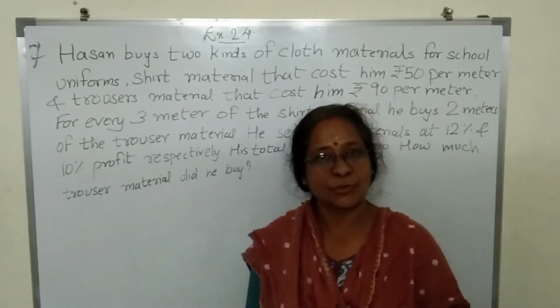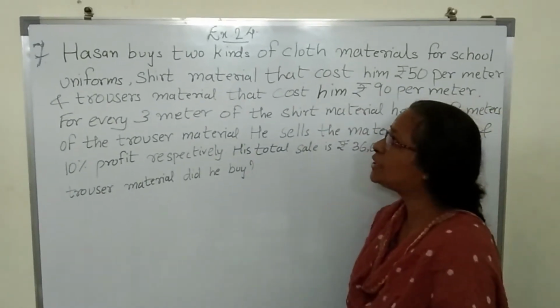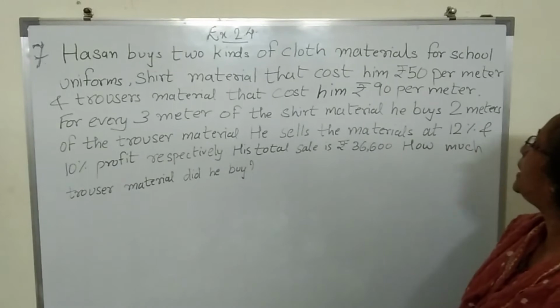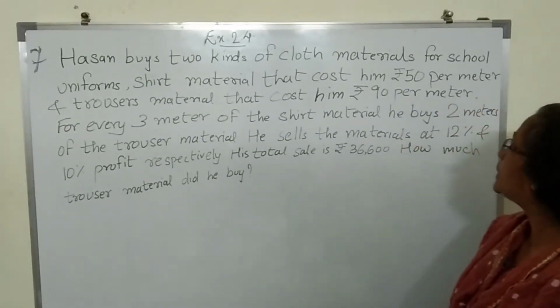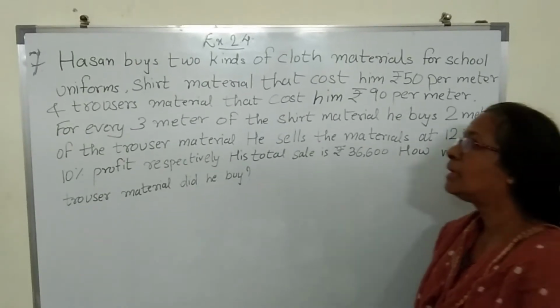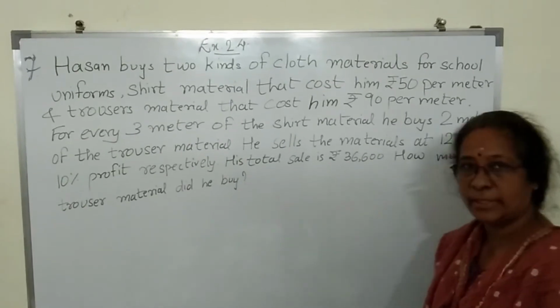Questions of exercise 2.4. Question number 7: Hassan buys two kinds of cloth materials for school uniforms. Shirt material that costs him rupees 50 per meter and trouser material that costs him rupees 90 per meter.